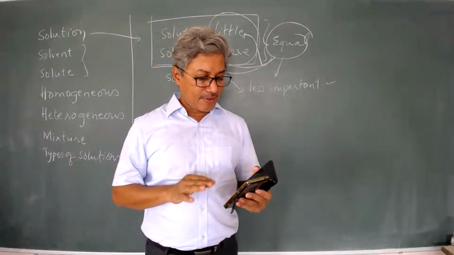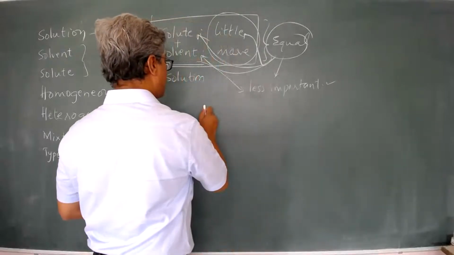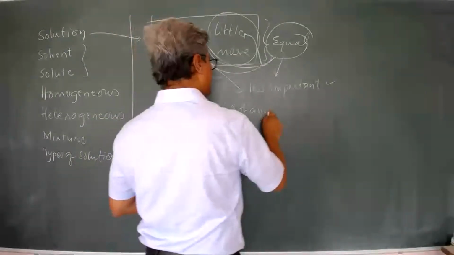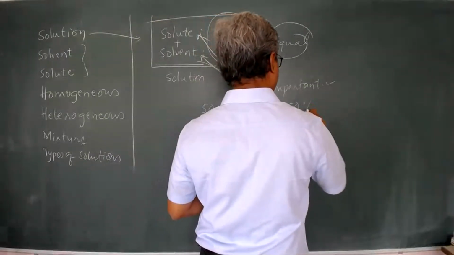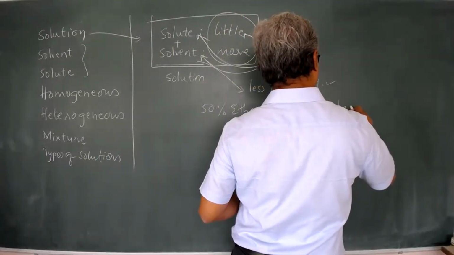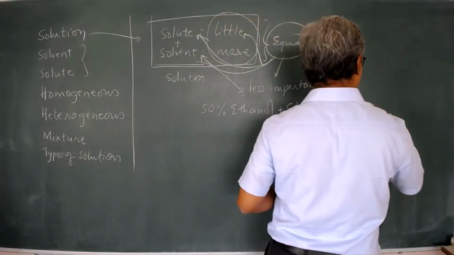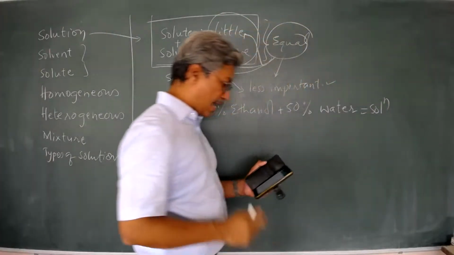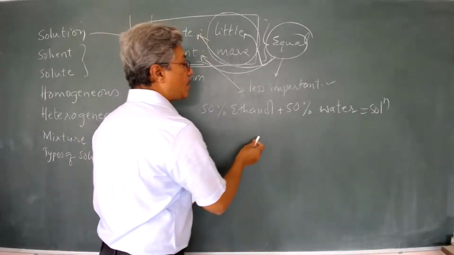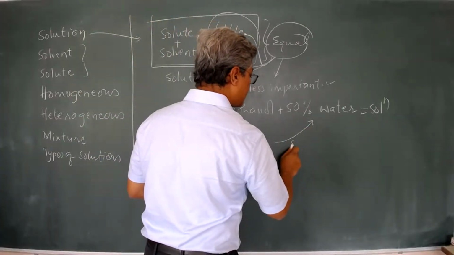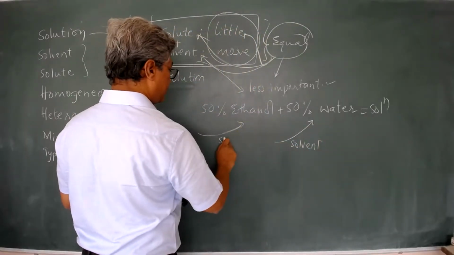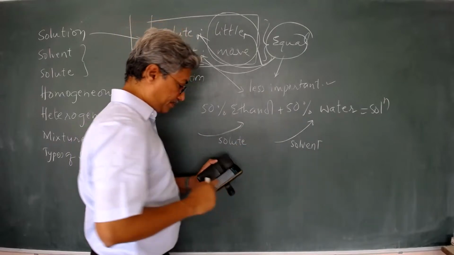For example, 50% ethanol and 50% water. If we have this solution, then in this example, what the student said is, this is solvent and this is solute.